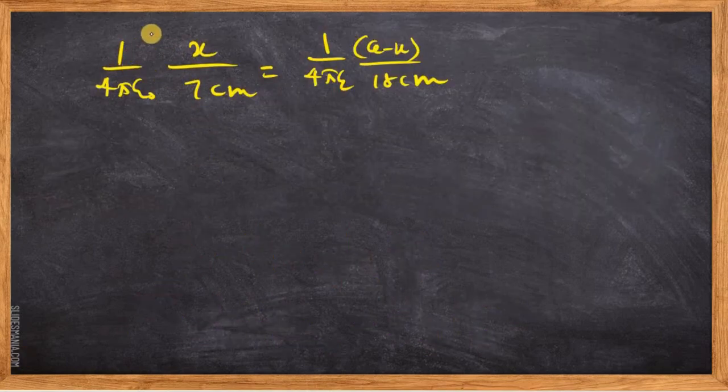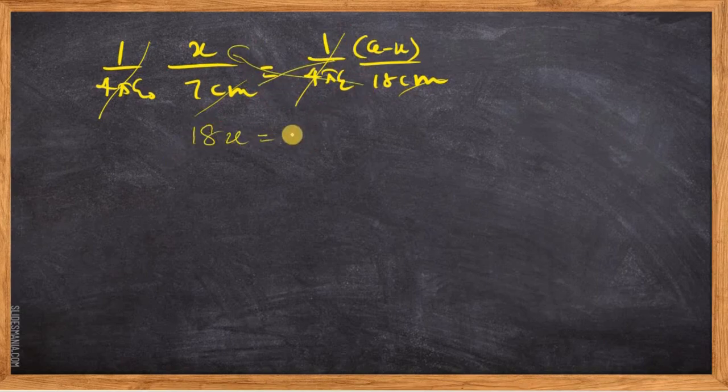Then 1 over 4 pi epsilon naught on both sides cancel off. And of course, then I can cross multiply, and centimeters cancel off. Like this way, 18x is equal to 7Q minus 7x. So I'll take all the x values towards the left hand side.